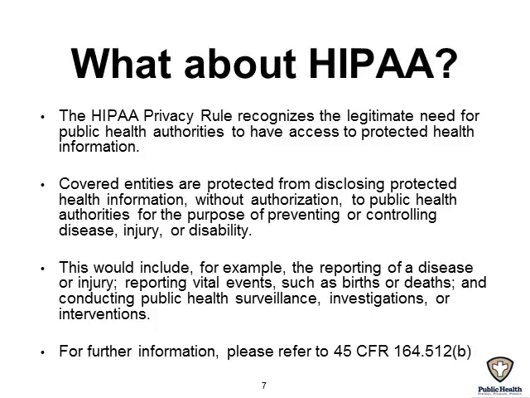This would include, for example, the reporting of a disease or injury, reporting vital events such as births or deaths, and conducting public health surveillance, investigations, or interventions. For further information, please refer to 45 CFR 164.512(b)."